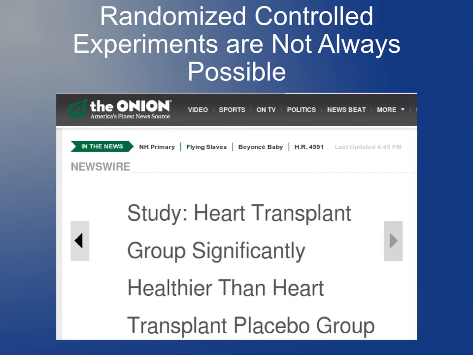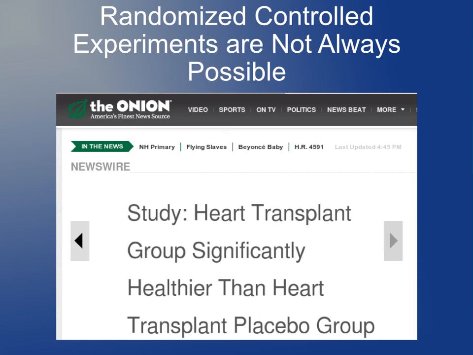Another important point is that randomized controlled experiments are not always possible. They may be too expensive, they may be unethical to do a randomized controlled treatment. For example, well, this is kind of a ridiculous example, but it was in the Onion and I thought it was kind of funny.